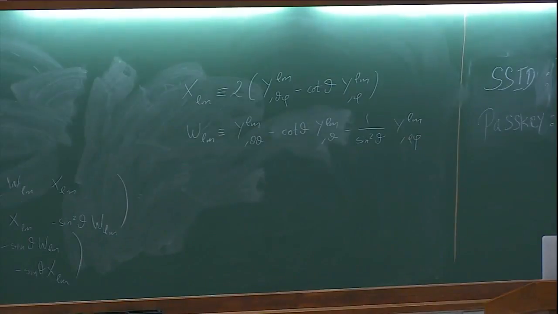So these two combinations, X and W, sorry, they appear all the time in black hole perturbation theory. And now you know why.